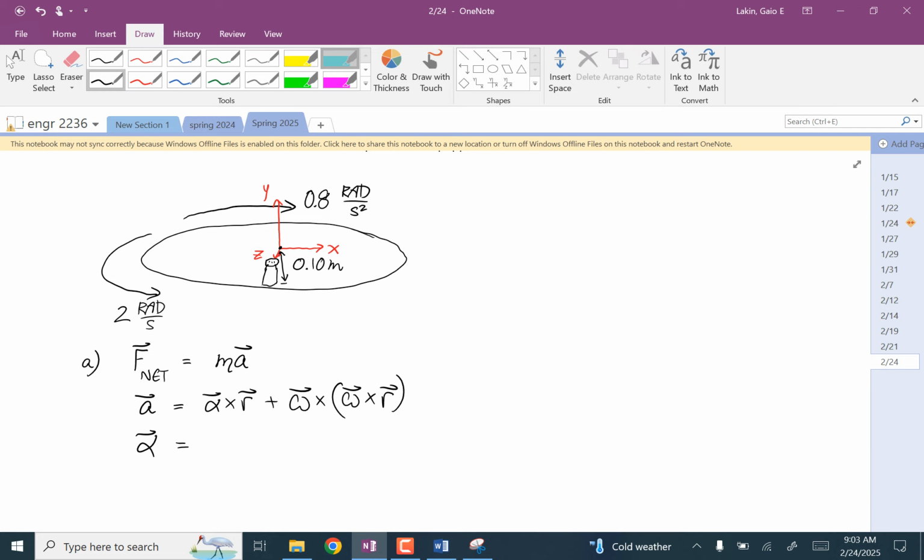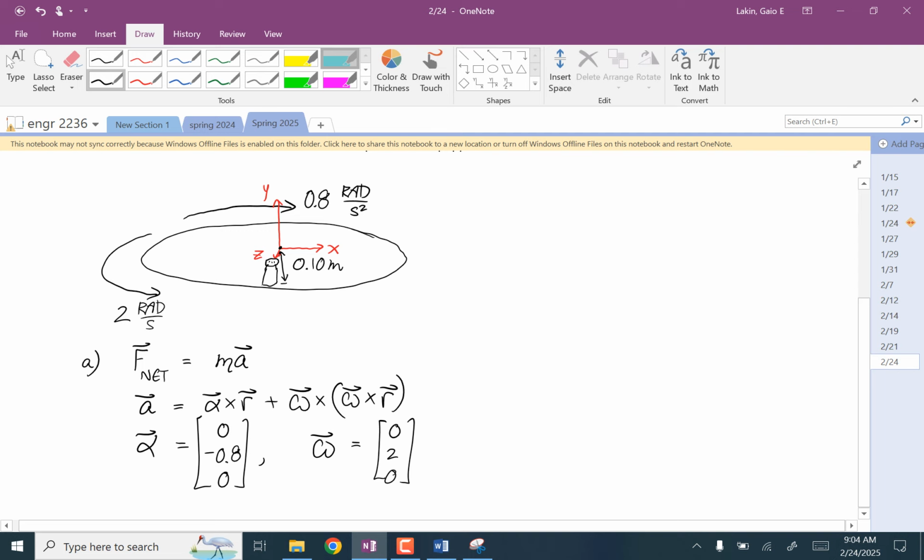Anybody have any questions about the right-hand rule on that one? So 0, negative 0.8, 0. The angular velocity, the right-hand rule just has this in the positive y, so 0, 2, 0. And the r vector goes from the center of the circular motion to the point we care about. So that's just 0.1 in the positive z.